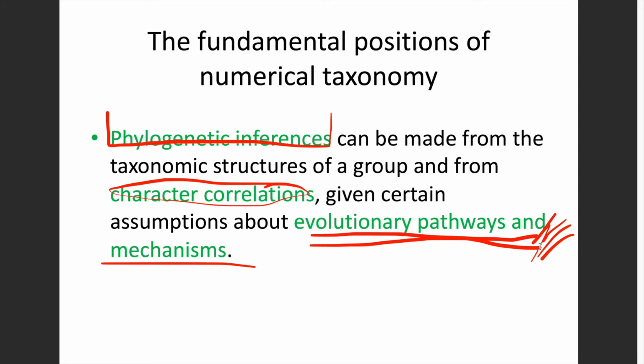So the beauty of it is that, but it also means that the analysis is blind. No, if there is a certain evolutionary pathway and mechanism that is also present in your data that could affect your data, your numerical taxonomy cannot distinguish that. So you need to actually guide it on the different evolutionary pathways and mechanisms that are happening.